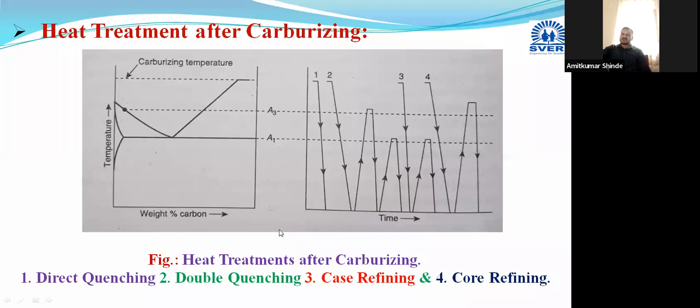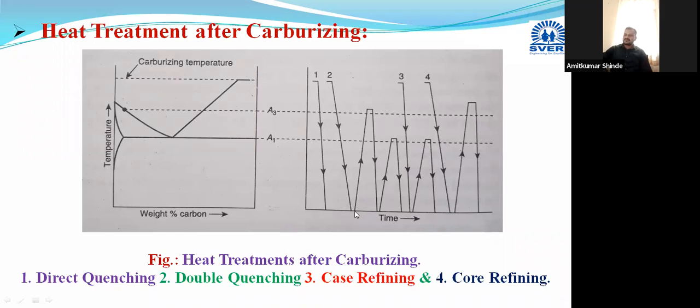Any doubts in carburizing or its types, you can ask, and further in the heat treatment methods that follow. Please reply if no doubt is there. We'll move towards the next type.